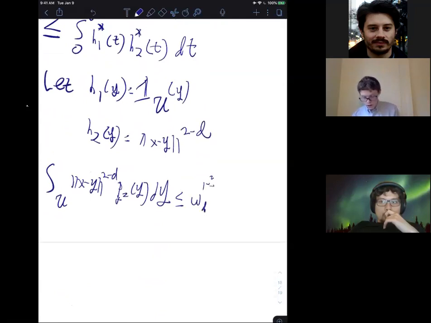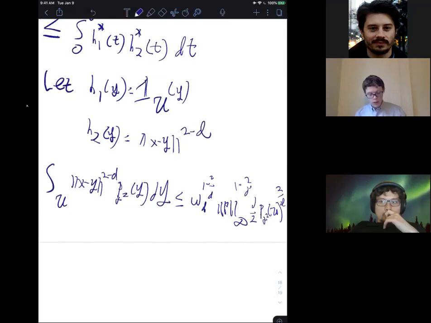minus 2 over d times p infinity to the 1 minus 2 over d times d over 2 times p sigma squared of u to the 2 over d, where omega d is the volume of the unit ball and p infinity is just its maximum. The p infinity we're going to ignore for now.